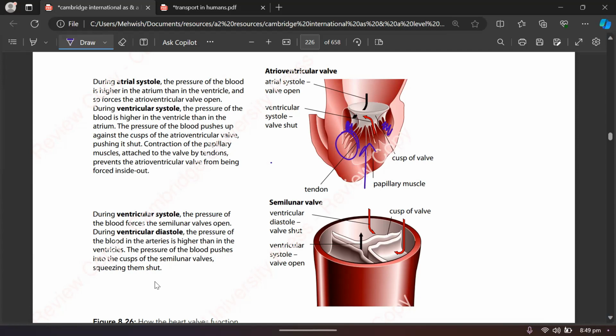When they get slackened, they will leave the valve, right? Leave does not mean they will get torn apart from here, but they will just relax so that the valve can get closed.